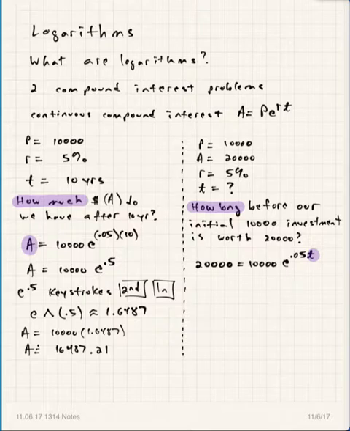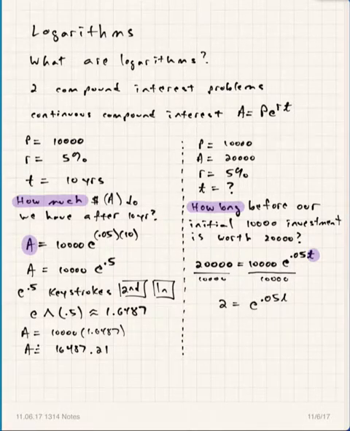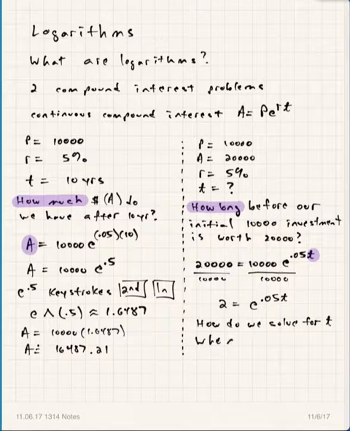All right, so this is really different as far as how we would solve this. Now, the first thing we might do to solve for t is we might divide both sides of the equation by 10,000. That makes sense to do. So when we do that, we get 2 equals e to the 0.05t power. And so the question here, when we get to this point, is how do we solve for t when it is in the exponent?